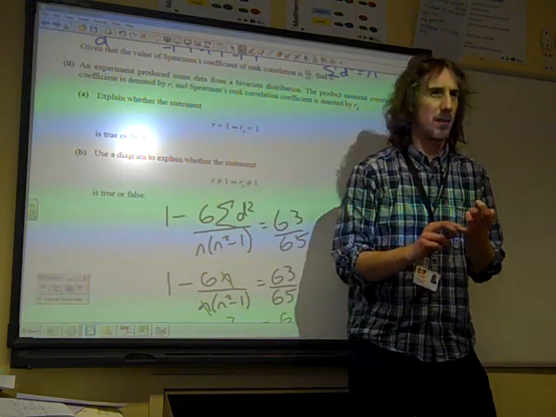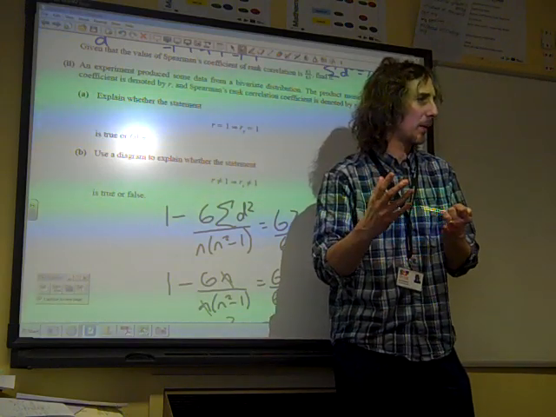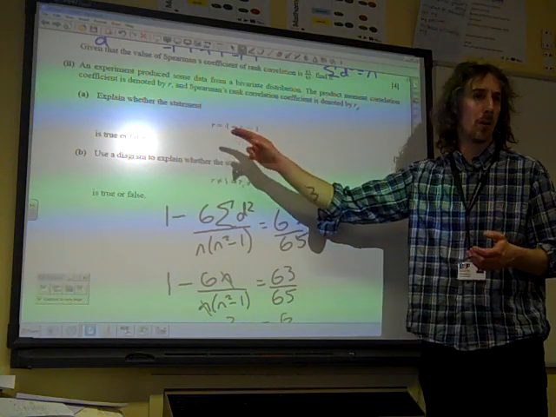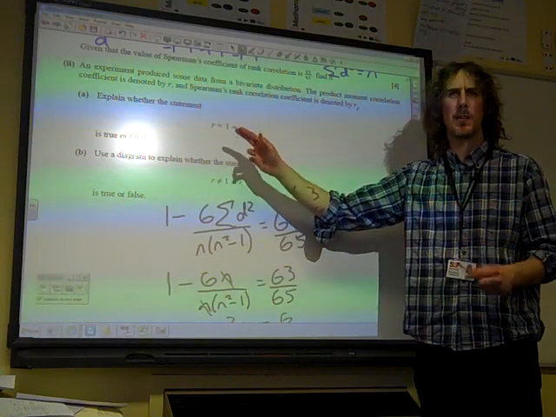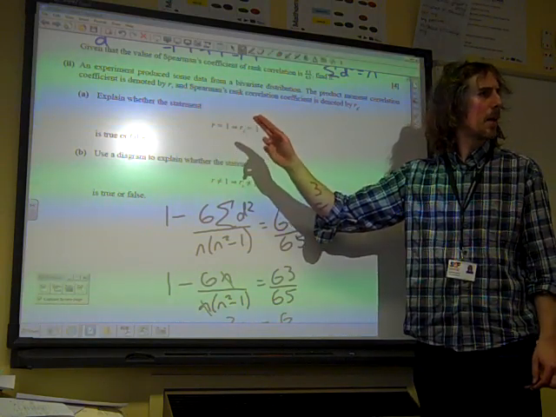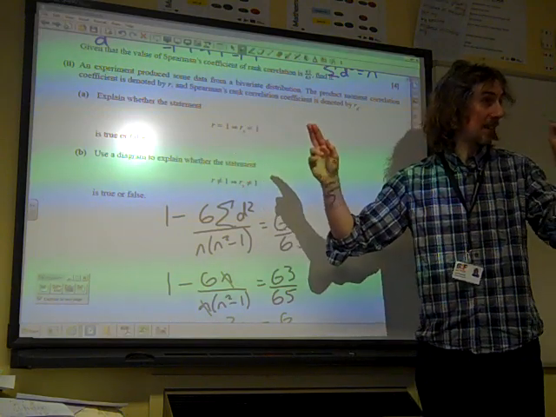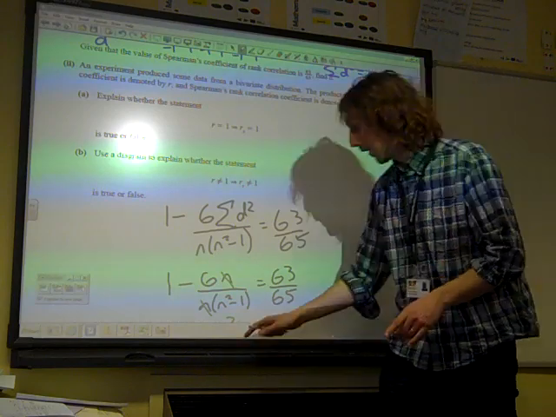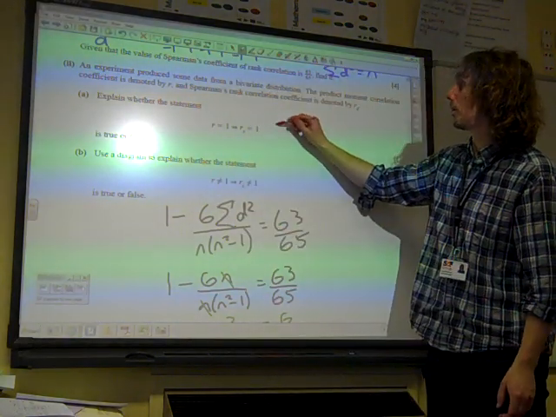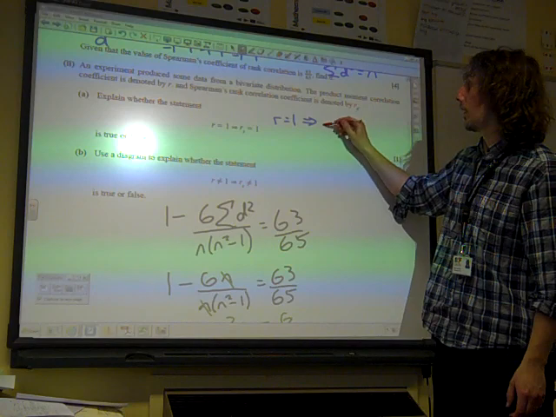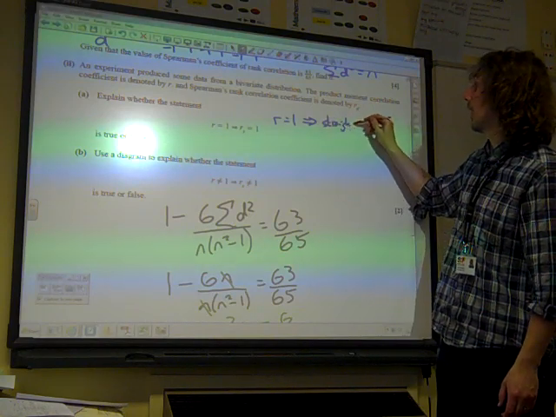Well, this bit should be a fairly standard thing that we know. If r equals 1, what does that mean? How do we interpret that? Perfect correlation. But more than just that, it means it's a straight line. So if r equals 1 implies the data must be in a straight line.